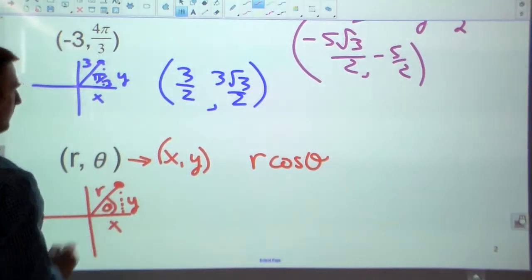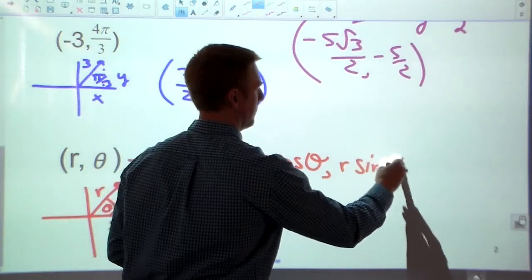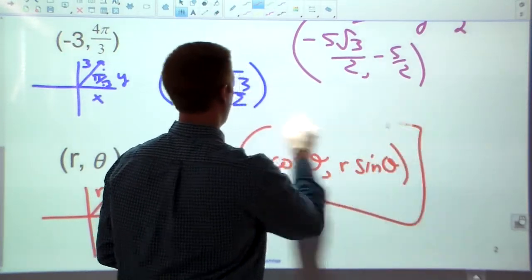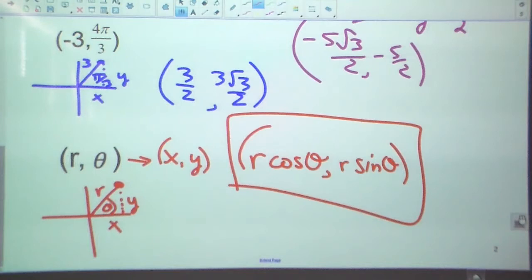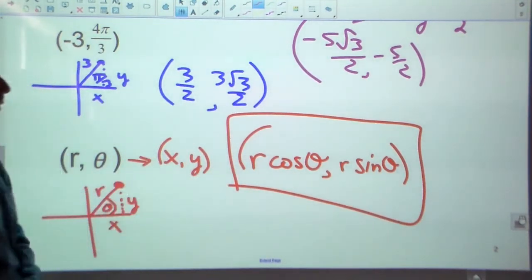So you should put an angle in there. And you get your y coordinate, r sine theta. And that's pretty much the idea. That's what we did every time. We just take the radius times the cosine theta to get x, radius times sine theta to get the y.